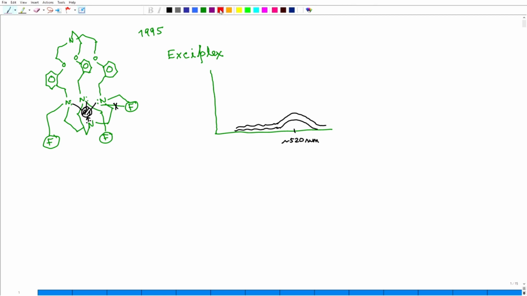My spectra will look something like this. This is the 0,0 band and these are vibrational fine structures. This is due to anthracene.